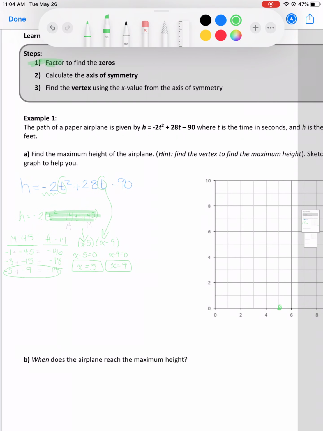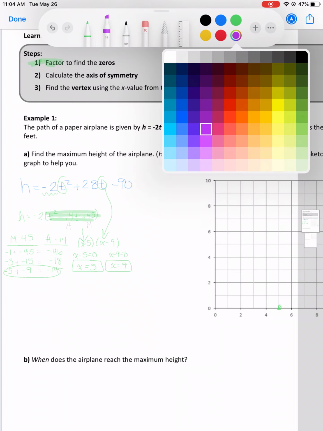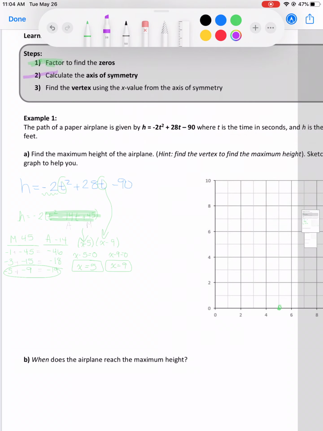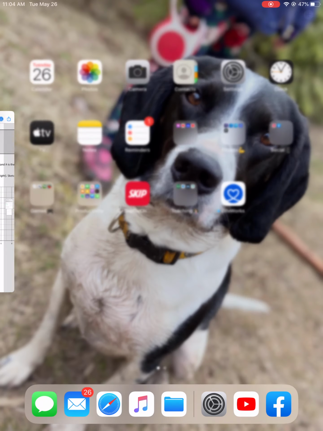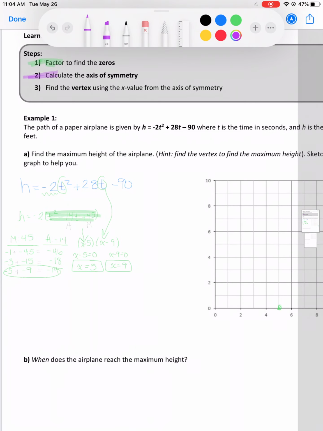Calculate the axis of symmetry. Let's do another color. So how do we calculate the axis of symmetry?